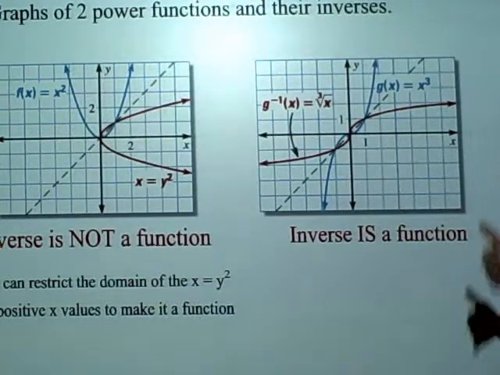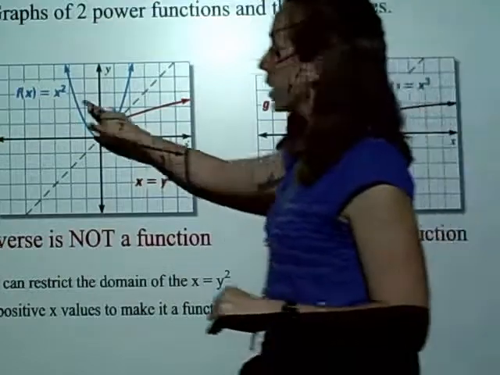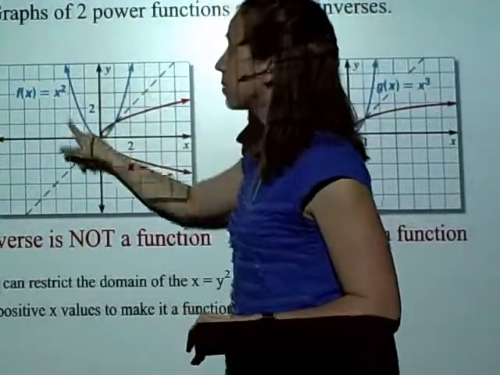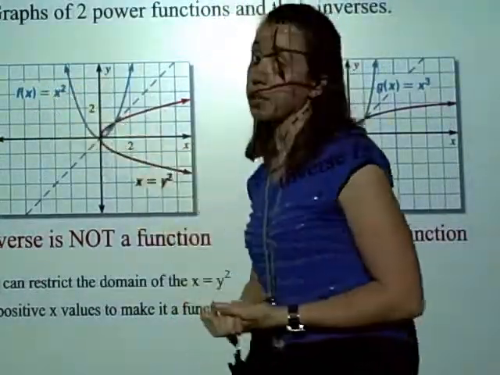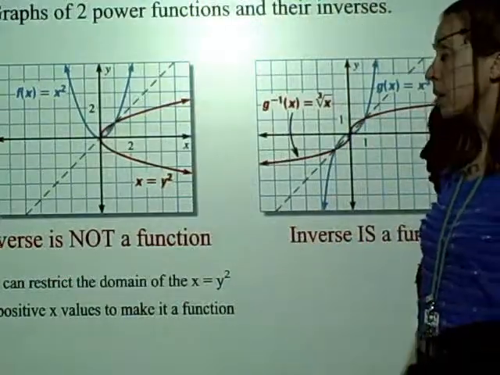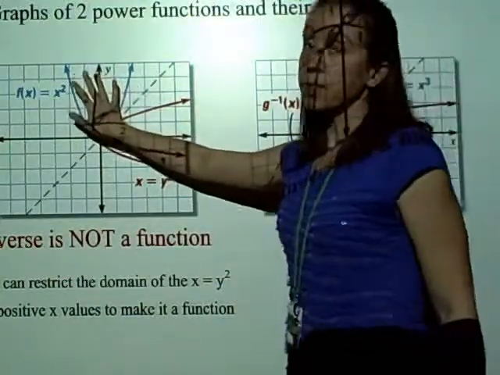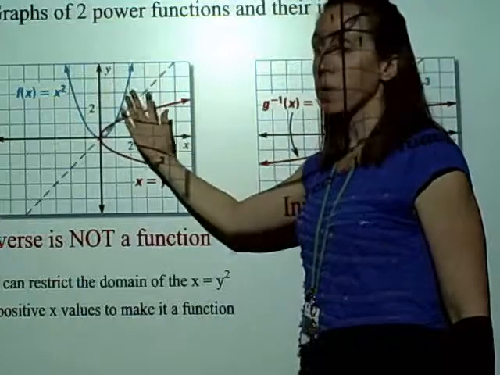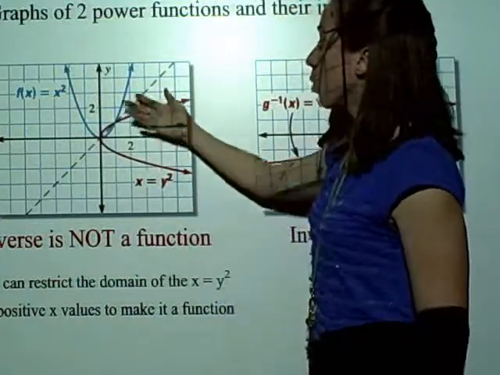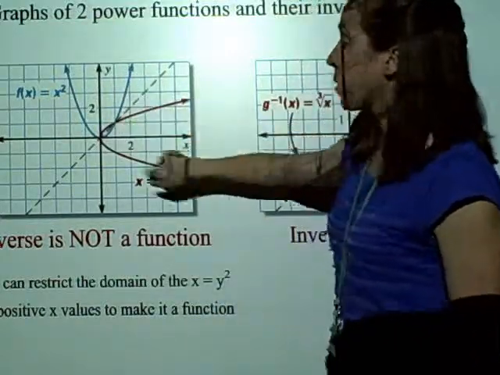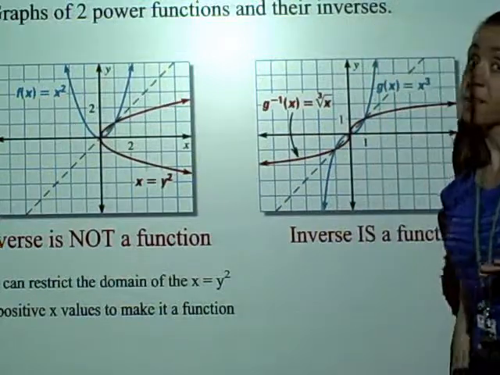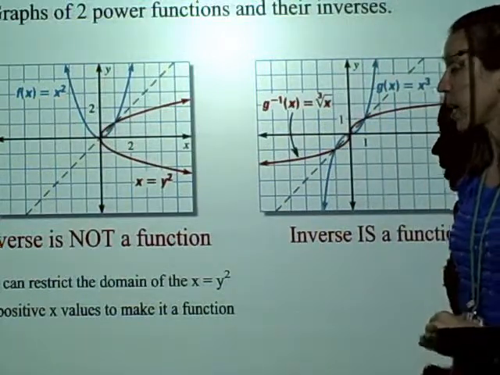Now, I'm going to get into graphing a little bit. The whole idea is when you have an original function, for example, we have x squared here. You guys know that makes a parabola. If we were to find the inverse of that, switching x and y and then solving for y, we would end up with something like this in the red. That is not a function, and there's a few ways we can test that.